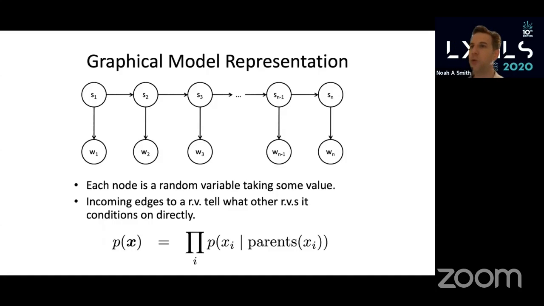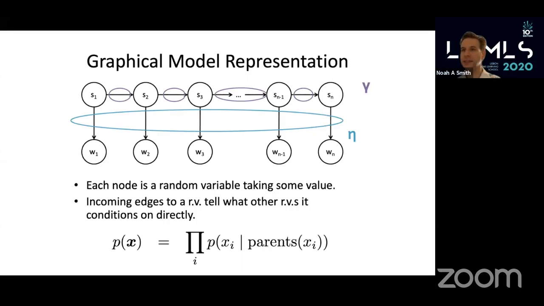That tells you what we conditioned on when we generated the value for that node's random variable. So W1 was drawn according to the emission distribution for state 1. State 2 was generated according to the transition distribution for state 1, and so on. So we have this nice chain structure where each state depends on its predecessor and each word depends on its corresponding state.